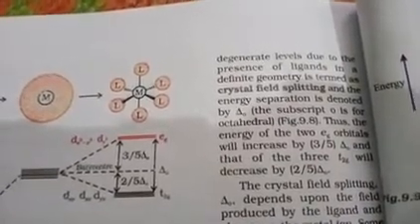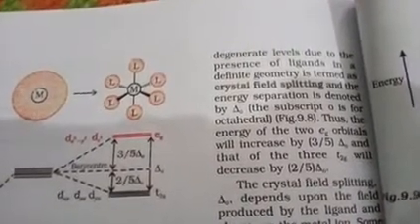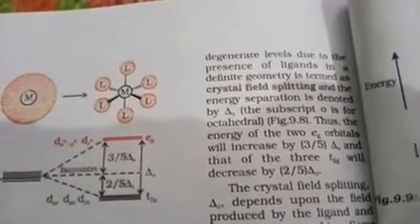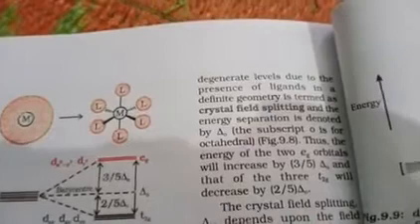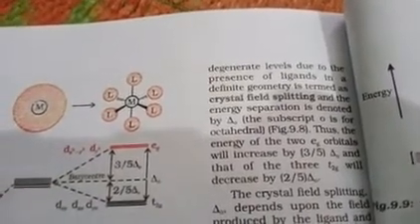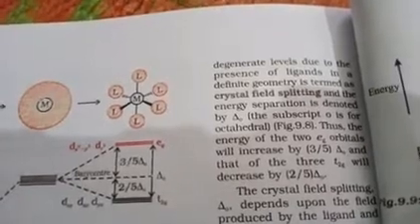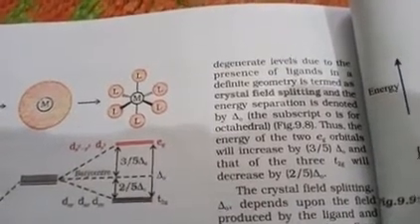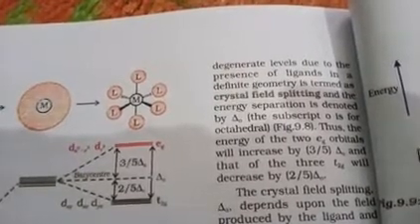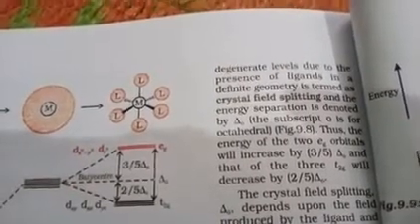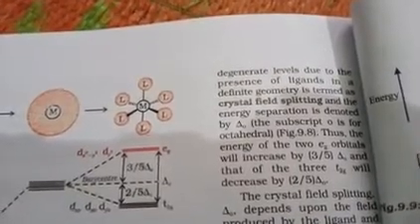Those which have lower energy we call T2g, whereas those which have higher energy we call Eg. Thus the degeneracy of the orbitals is lifted, and the orbitals have two energy levels, separate from each other. This process of separating the orbitals is what we call crystal field splitting.